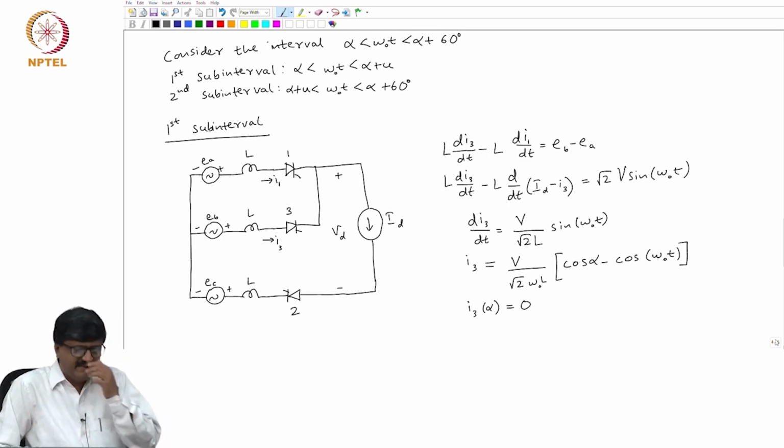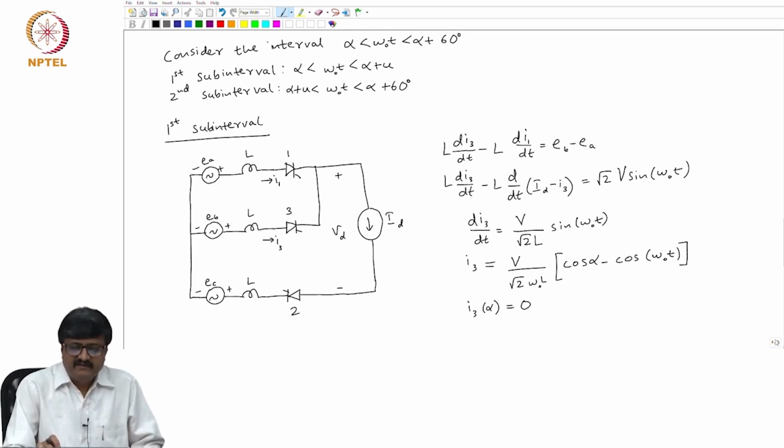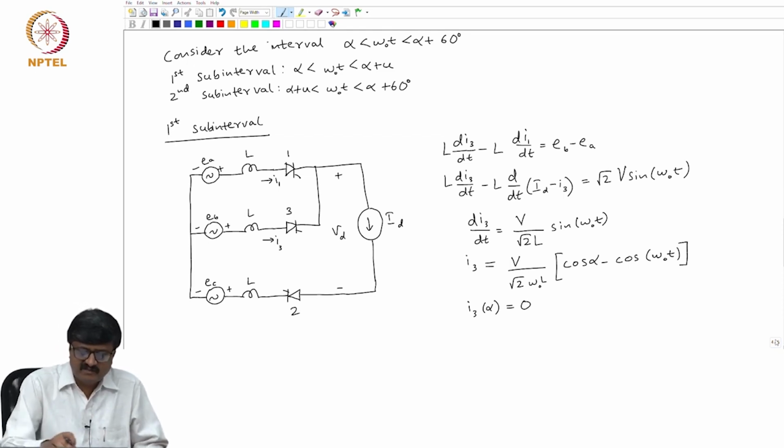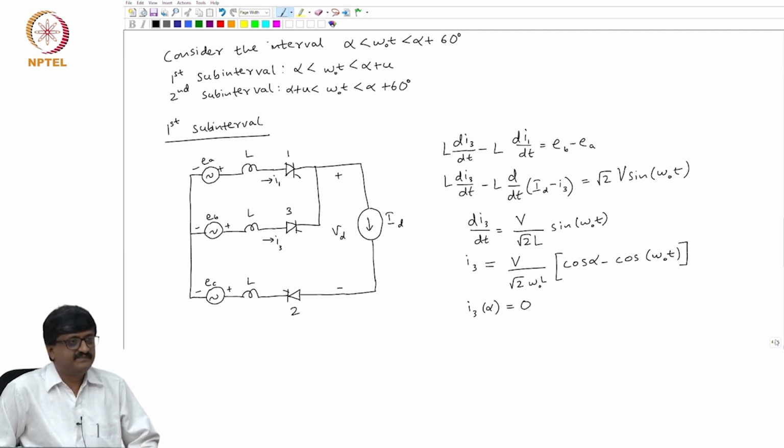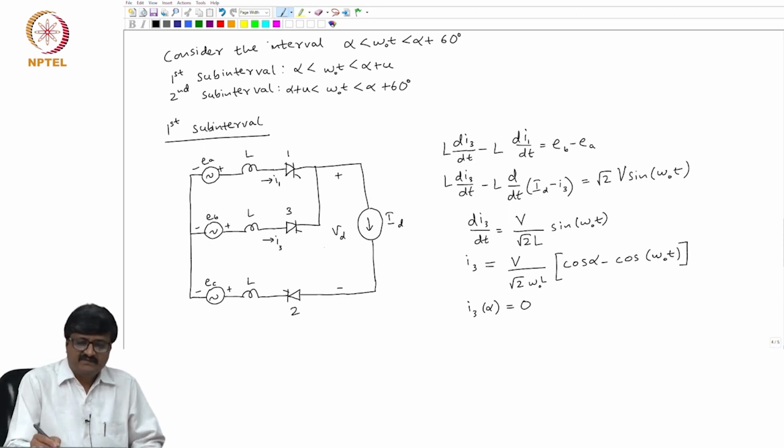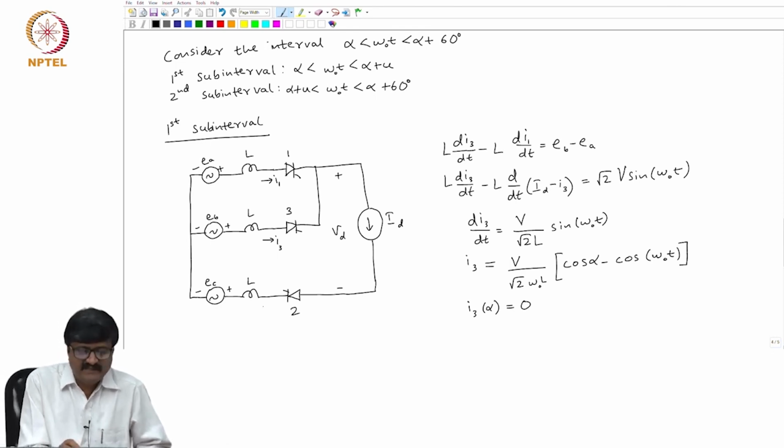Can I get an expression for VD by applying Kirchhoff's voltage law to this lower loop? If 2 and 3 are conducting, in the first subinterval, they are short circuit, ideal. What about the voltage across L, which is in series with EC?